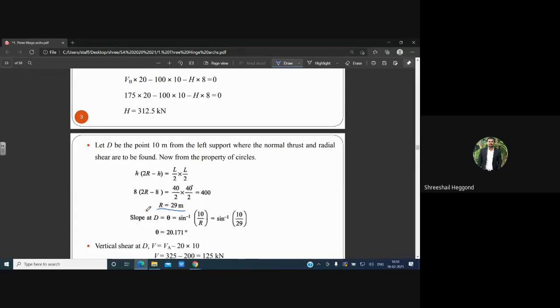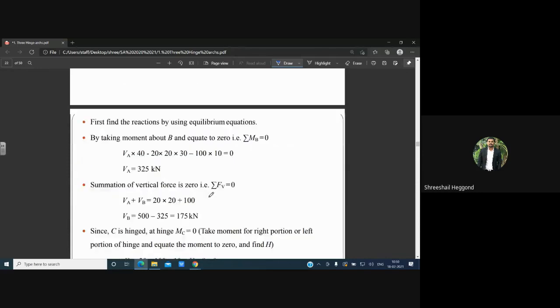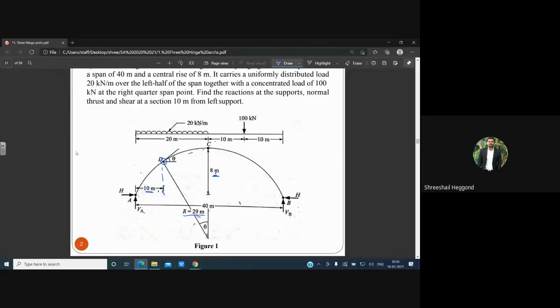The sine theta can be calculated as opposite upon hypotenuse. As this triangle will be same as this theta value, because of the same circle you are considering, therefore you can write 10 divided by the hypotenuse value, that is sine inverse.